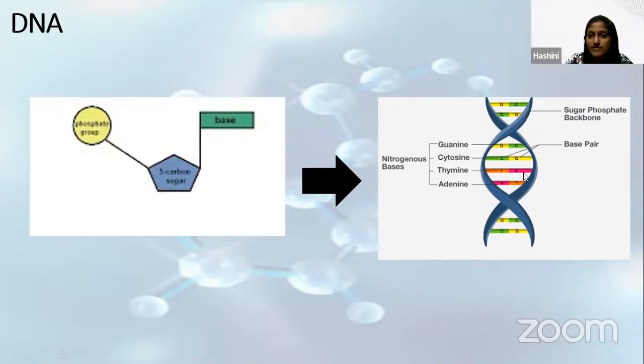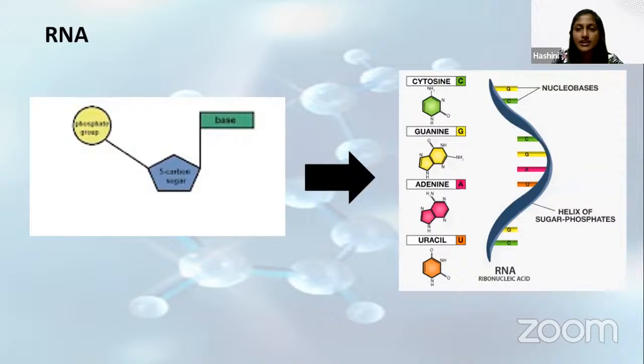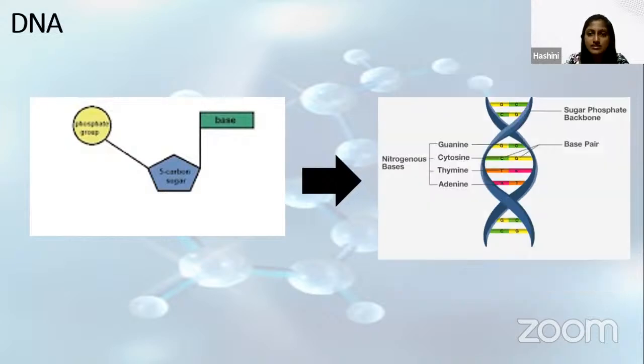We call this structure a double helix structure, and this structure was discovered by 2 scientists named Watson and Crick, right? So you have to remember this RNA is a single strand and the DNA is 2 strands.